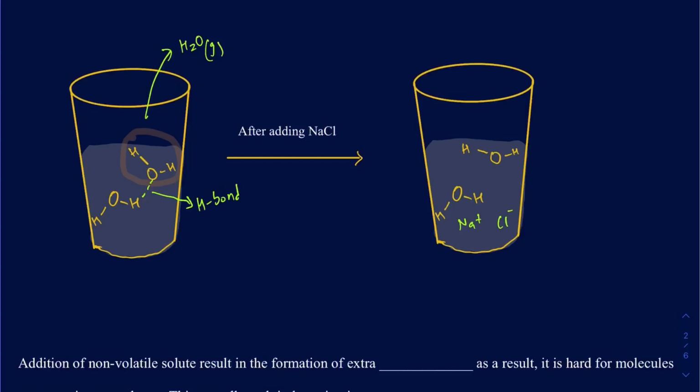Suppose I put this Na plus right in the middle of these two water molecules. I'm still focusing on this water escaping into the gas phase. But now, before it was making these hydrogen bonds, in addition to those hydrogen bonds, it will also make an extra type of interaction called ion dipole interactions.